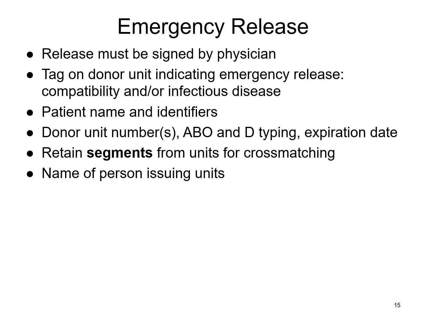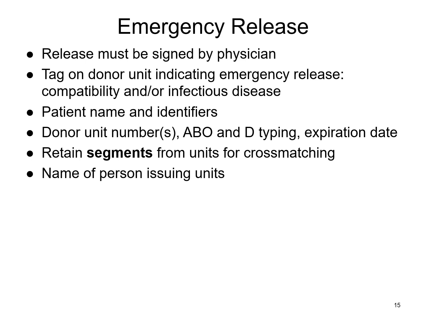Emergency release. So this is when you have a request for blood that you've not actually done the compatibility testing on, or some sort of testing on that product hasn't been done, but the physician deems that it's an emergency situation, so they're willing to sign to say that the benefit outweighs the risk.